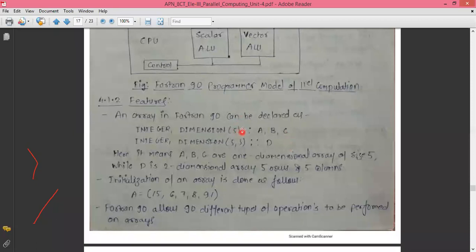So this becomes a single dimensional array. Here A, B, C are one dimensional arrays of size 5.